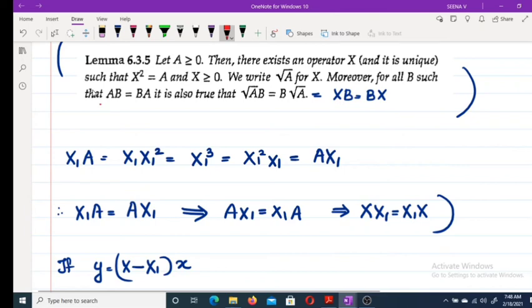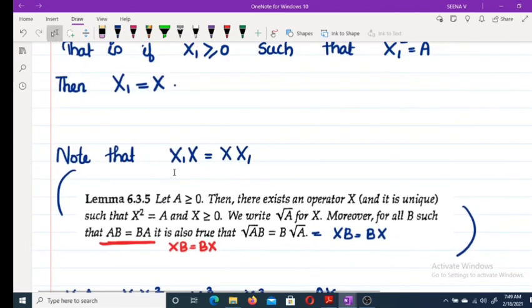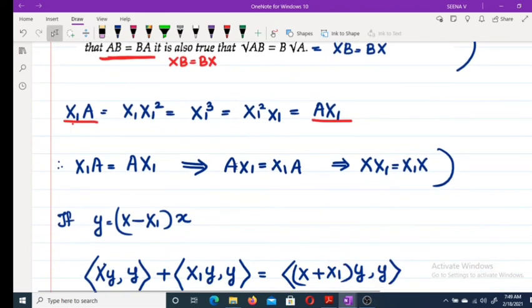For all b such that ab equal to ba, we have xb equal to bx. So for all x1 such that x1a equal to ax1, but we have here for b we have x1. So x1 is b. Therefore, we have x1x equal to xx1.